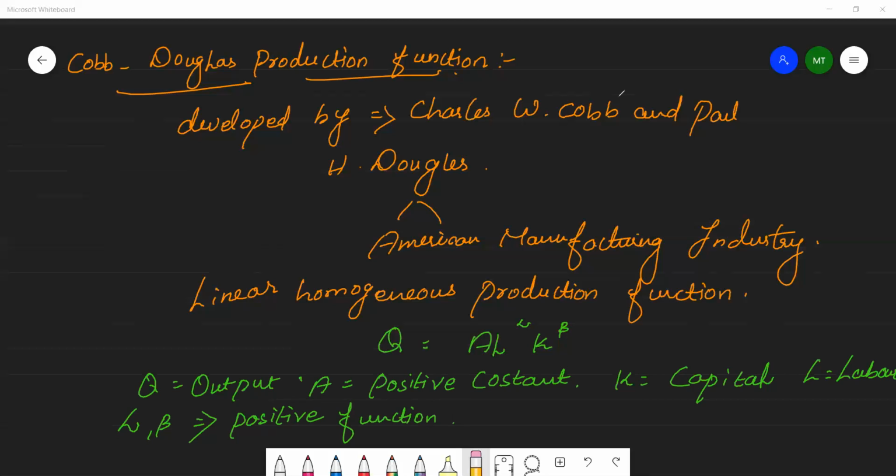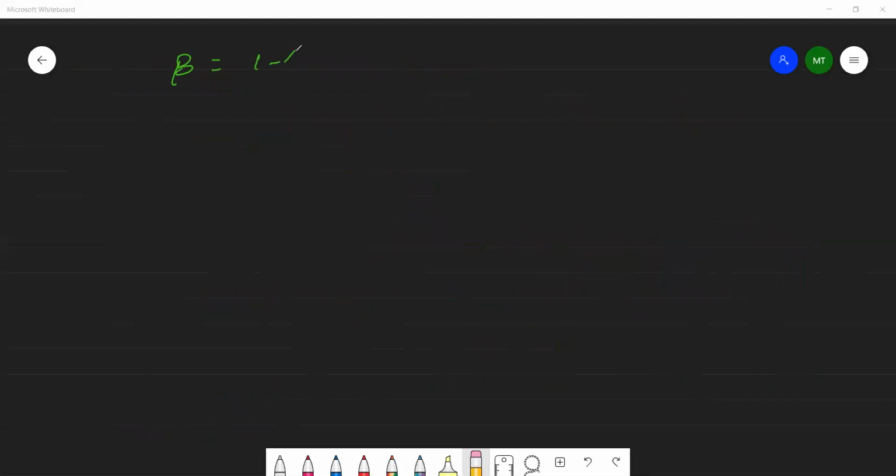Then alpha plus beta is equal to 1, so it is constant returns to scale. Factor intensity can be measured by the ratio beta by alpha, which shows the returns to scale.